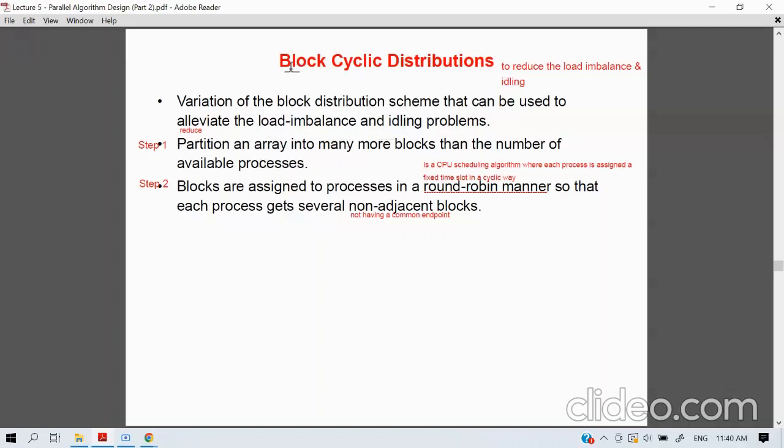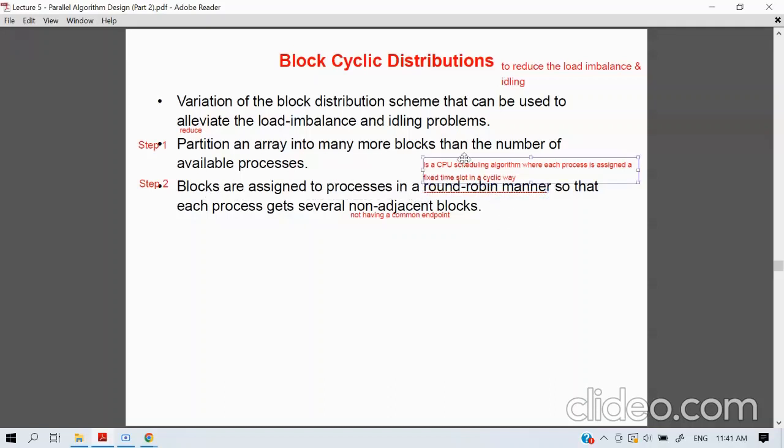So how do we implement block cyclic? Step one is we need to partition an array into many more blocks than the number of available processes. So we need to create many blocks, dividing the array into many blocks. Step number 2, all the blocks are then assigned to processes in a round robin manner.